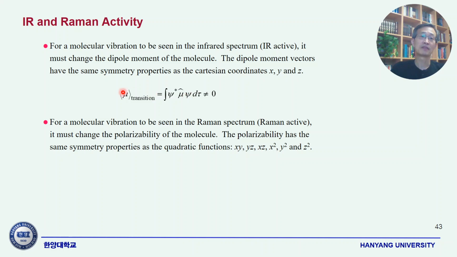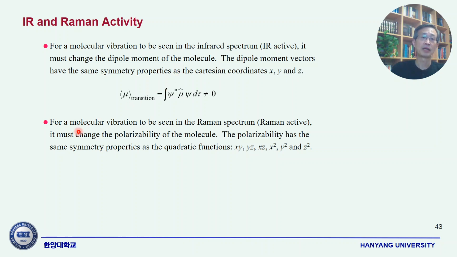So if that vibration has a component in X, Y, or Z, meaning, remember that for the water molecule it is either totally symmetric or B1 and B2, then those modes are infrared active.